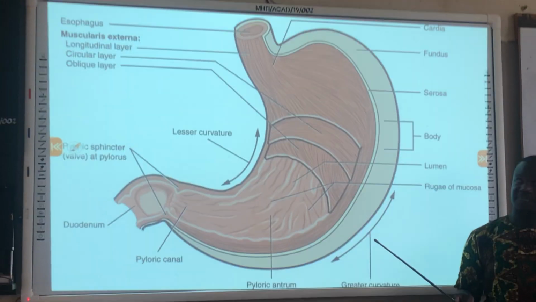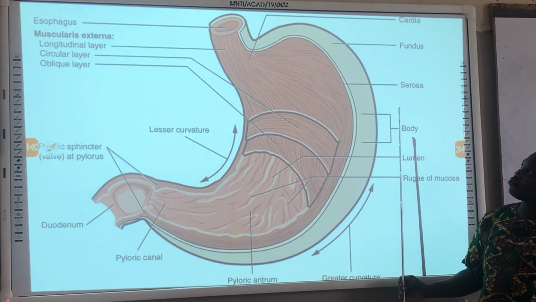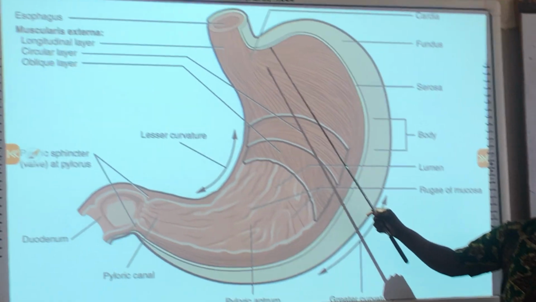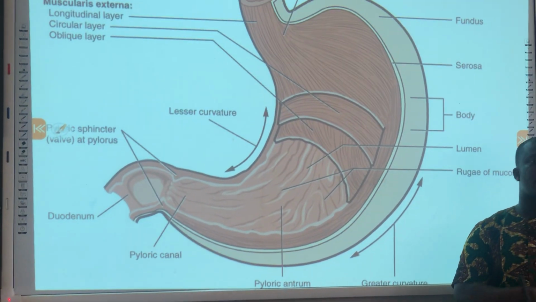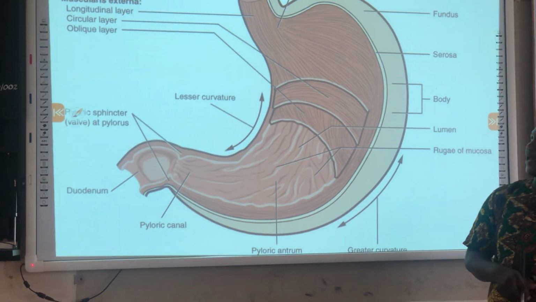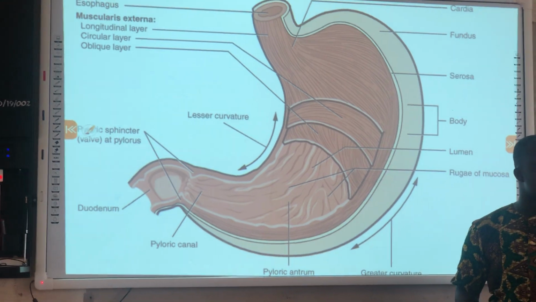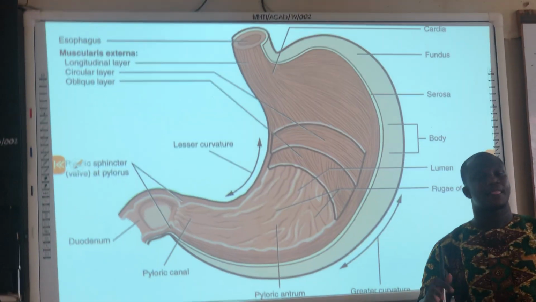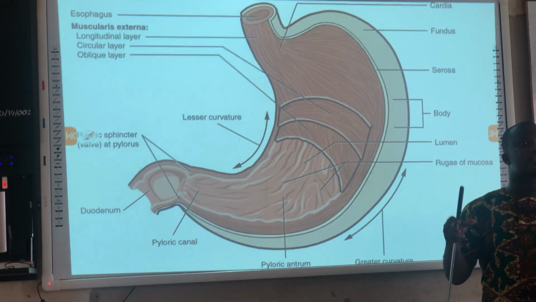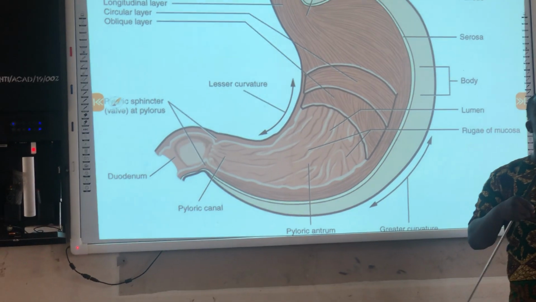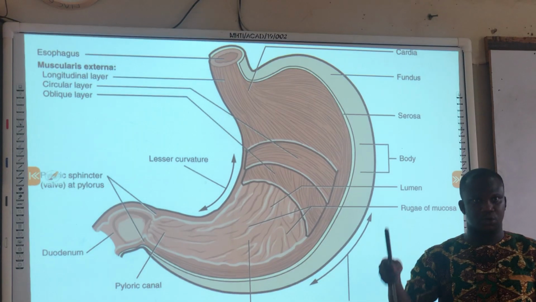But in sum, the body is the portion of the stomach that is located between the cardiac region and the pyloric region. But remember, inside the cardiac region, there is the cardiac sphincter. We know the cardiac sphincter to be the thickened ring of circular muscle fibers that constricts to prevent food from regurgitating into the esophagus.